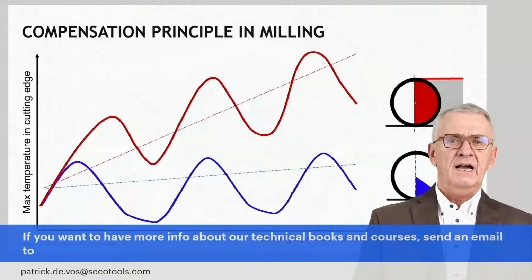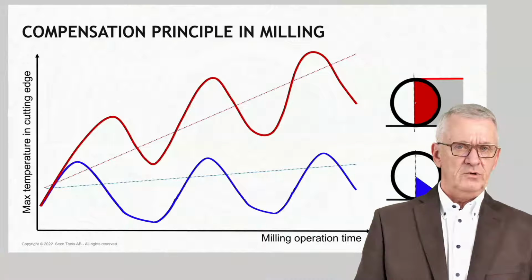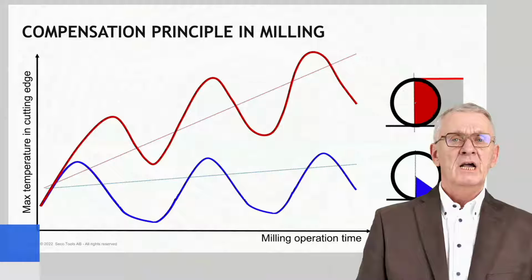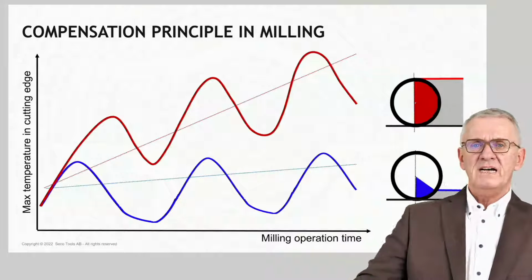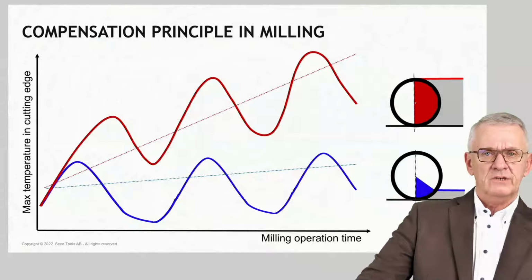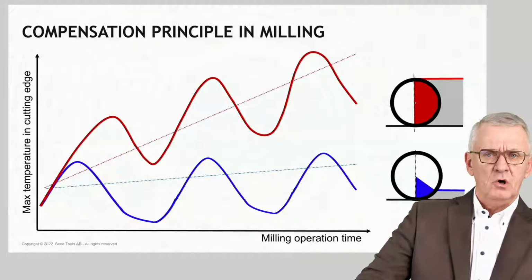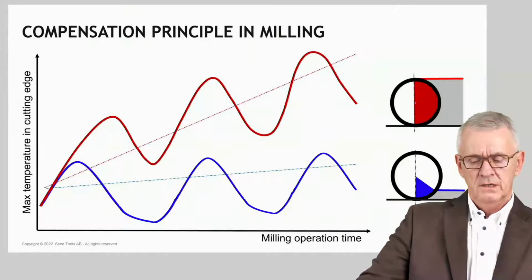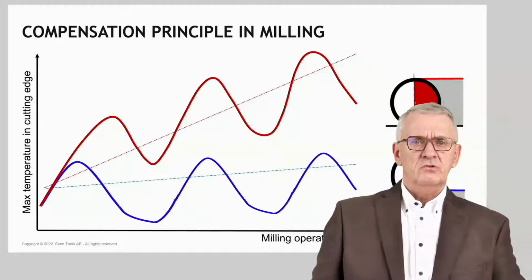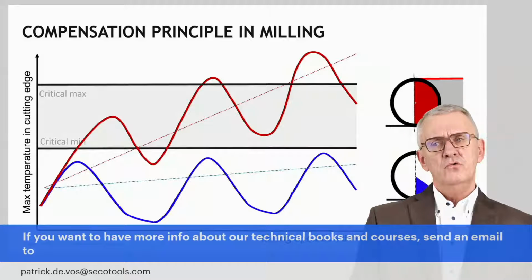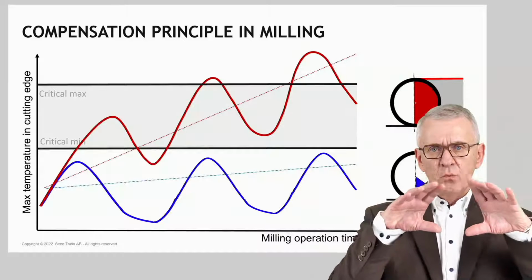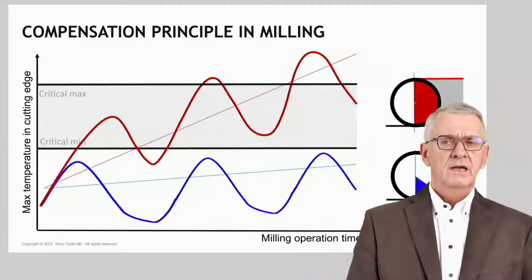In case of side milling, contour milling, the same phenomenon takes place. The heat in the cutting edge is building up, but much slower, because the part where heat is generated, where a cutting edge is in cut, is rather small compared to the part where a cutting edge is not cutting and cooling down. If I look at a cutting edge, I have to realize that there is a window in which the temperatures should be.